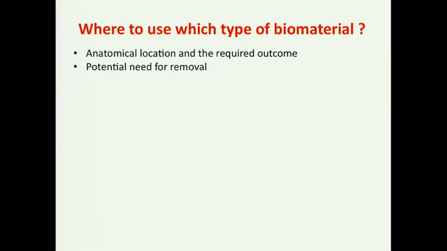So where to use which type of material obviously depends on the anatomical location and the required outcome. If you want it to dissolve away, if you want it to stay, if you want a permanent fixation, there are these anatomical cues, as you all know better than me, and as I said, the potential need for removal.